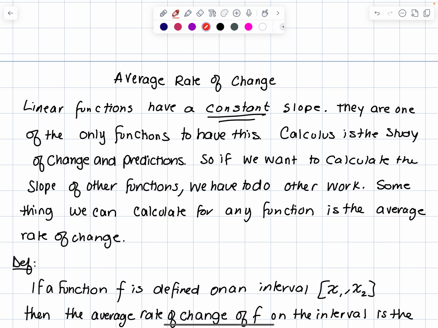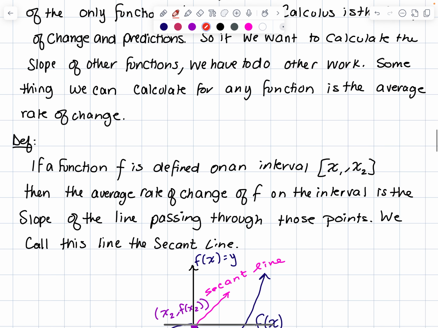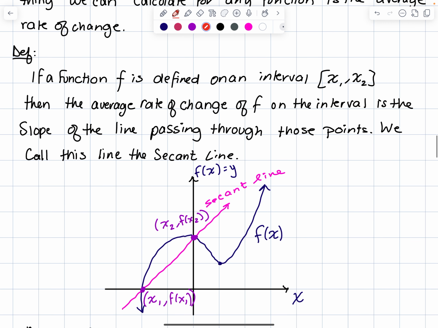So what we will want to do is calculate the average rate of change. Now, whenever you introduce an average, there's always a margin of error because we are averaging things together, so we're not able to exactly predict the exact change that's going on. But this is the definition from the textbook explaining some information about functions and average rates of change.